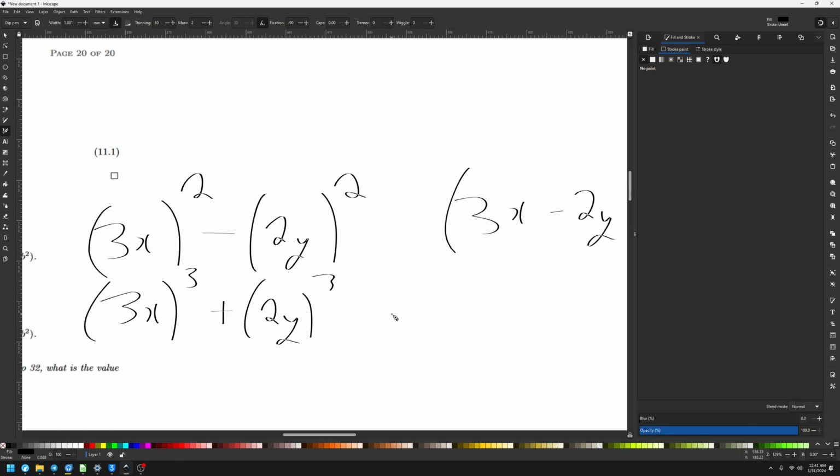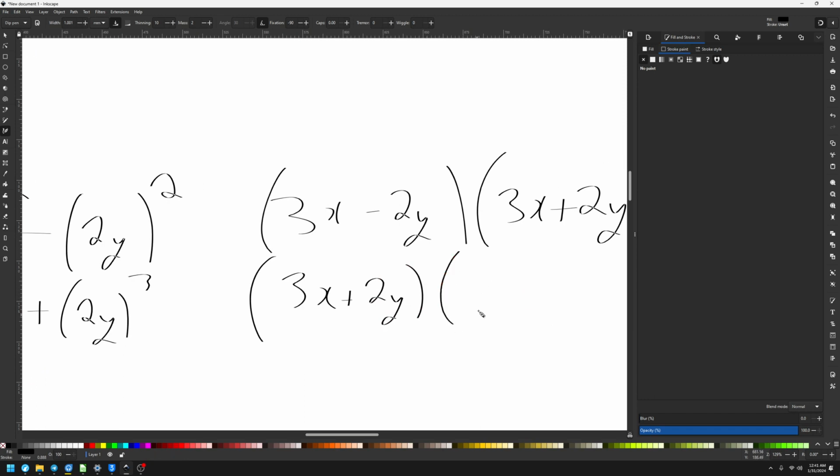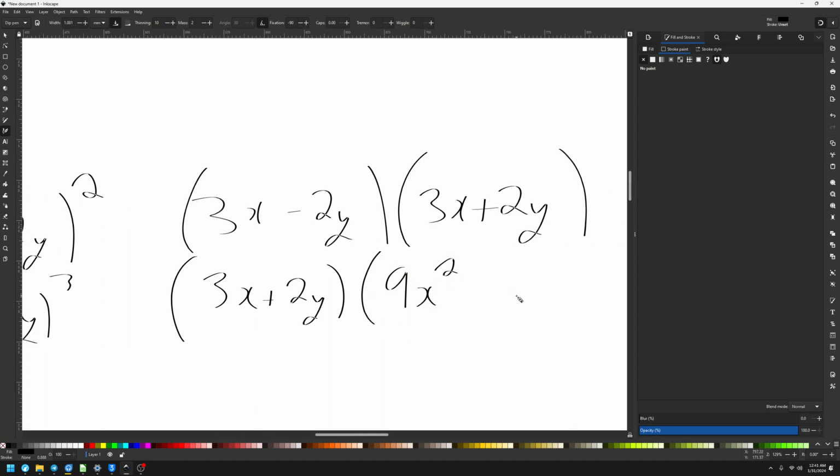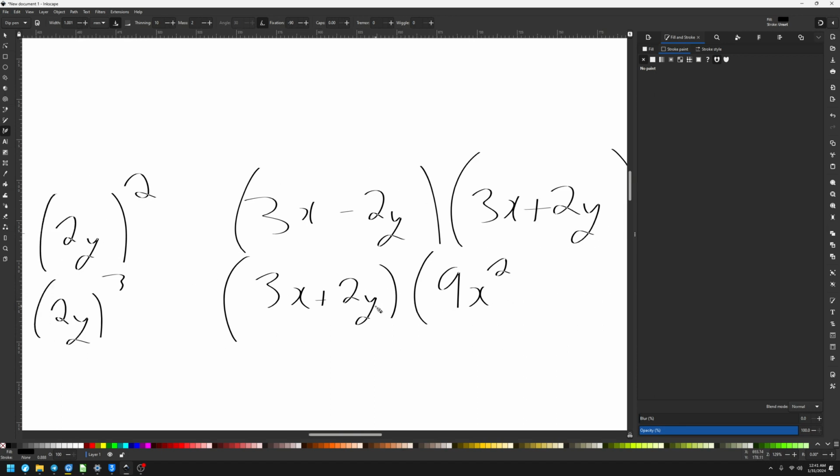Okay. So here we're going to have same sign, so 3x plus 2y times 9x squared. Because remember, a squared and a here is 3x. And then minus ab.